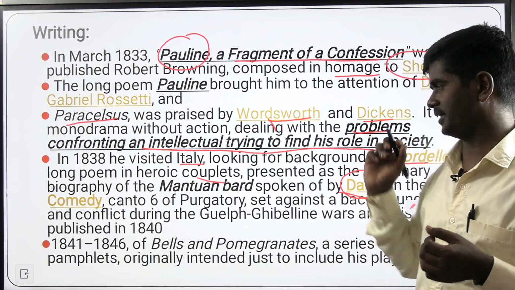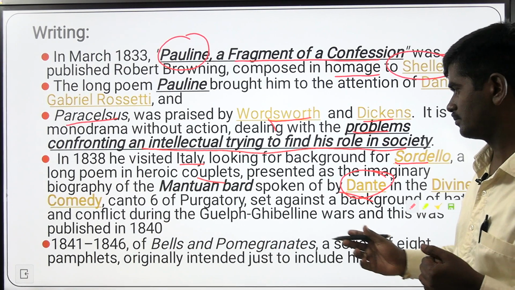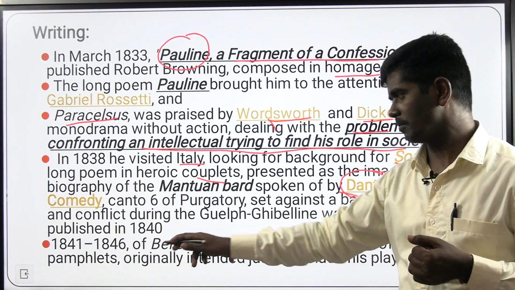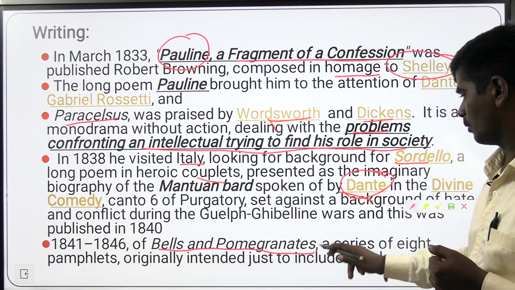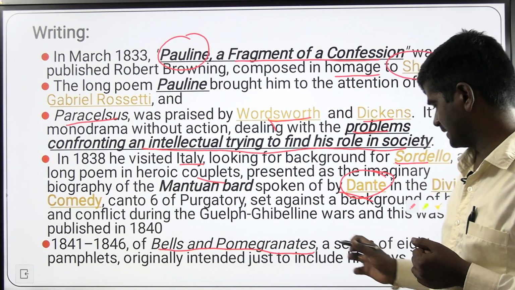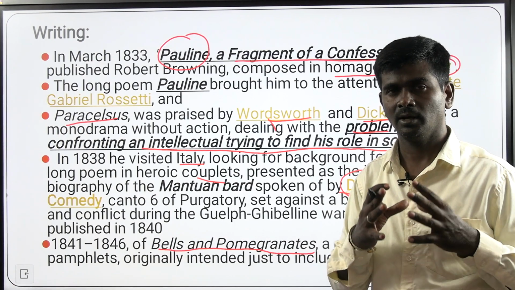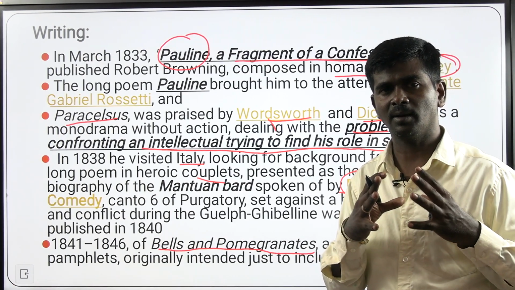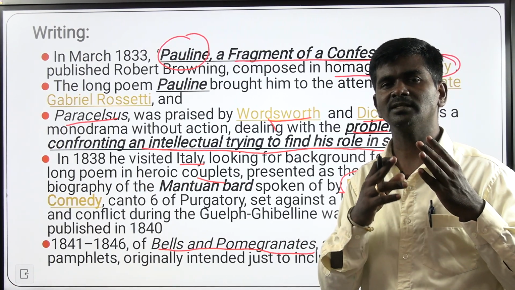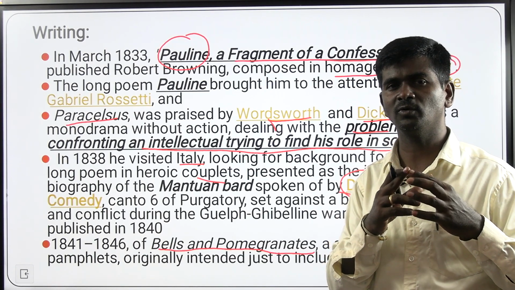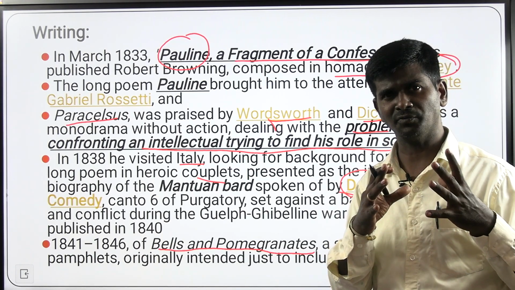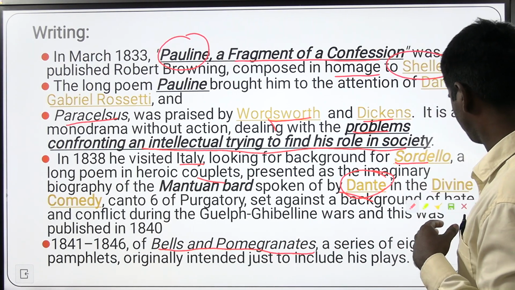Next, in 1841 to 46, Bells and Pomegranates, a very wonderful collection of a series of 8 pamphlets where he wanted to convey his ideas. Bells and Pomegranates, which is composed in 8 series. Bells and Pomegranates 1, 2, 3, 4, 5, 6, 7, 8. 8 volumes, my friends.